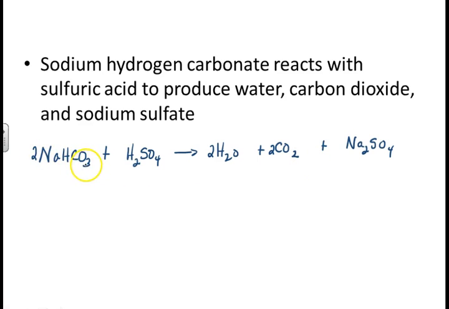And I've got 6 oxygens plus 4 is 10 oxygens. Over here I've got 2 oxygens plus 4 oxygens plus 4 oxygens. 4 plus 4 plus 2 is 10. So we may be balanced. We haven't checked sulfur yet. We've got 1 sulfur here, 1 sulfur over here. This is a balanced equation.